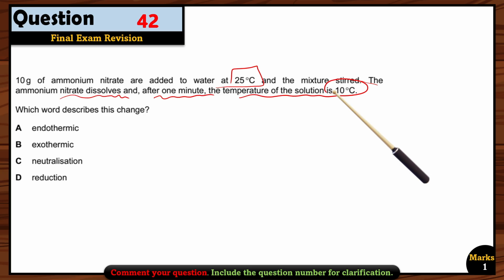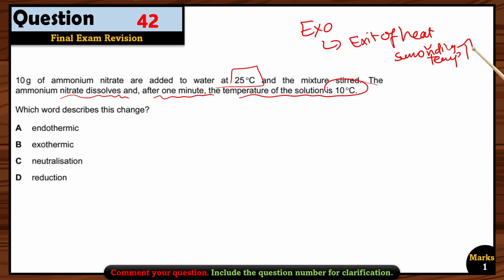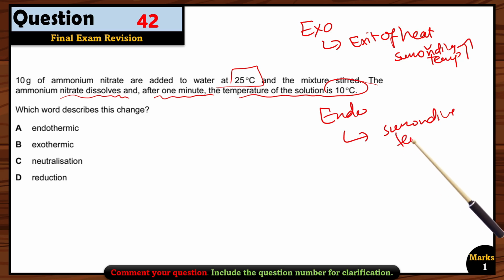Students usually get confused even if they know the answer. They know that exo means the exit of heat, right? Exit of heat means the surrounding temperature will be higher now. And for endothermic, they think the surrounding temperature will be lower, right?